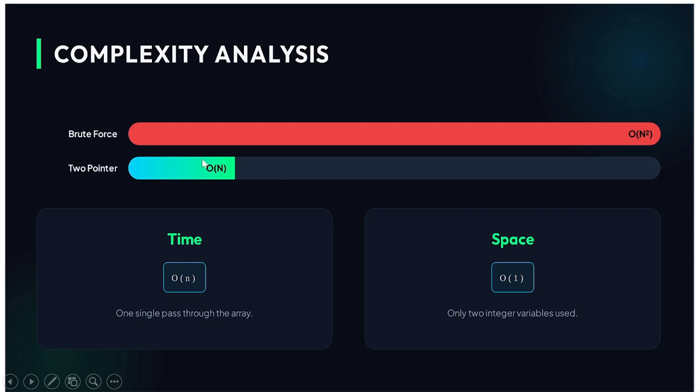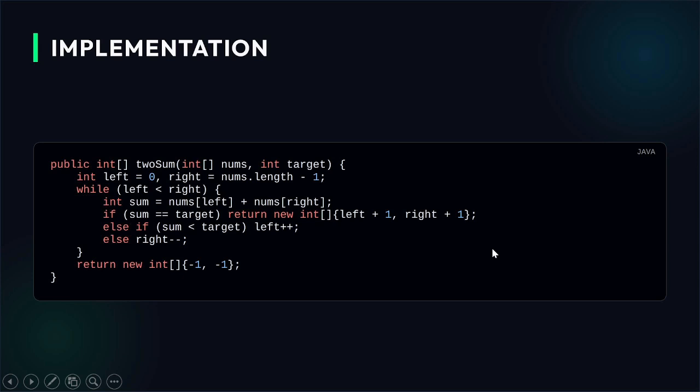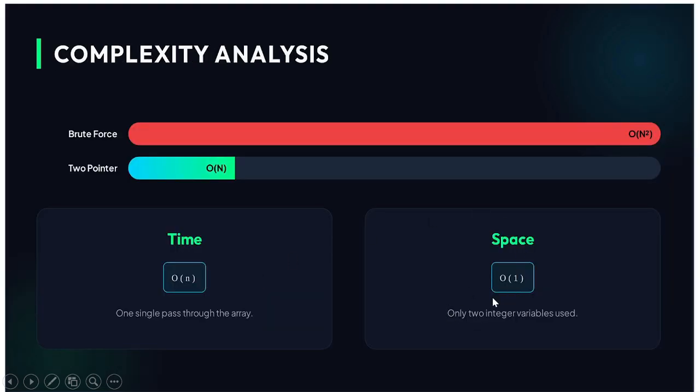So the time complexity will be order of n, not n square. That's why the time complexity of the two pointer solution is always order of n. And for the space complexity, we only use space to return the index of values, so we are not taking any extra space, and the space complexity is constant.